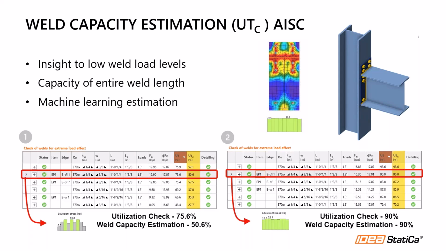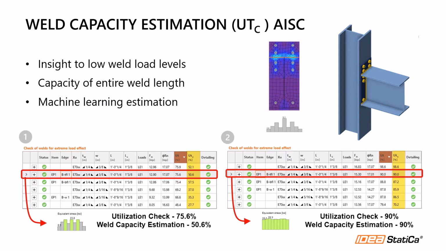So basically, during lower weld loading conditions, there can be some stress concentrations that occur along the weld. For example, if we look at image 1, on the bottom for the stress distribution, you can see that there is an uneven distribution. For these reasons, the stress values at lower load levels should not be used directly to determine the capacity of the weld.